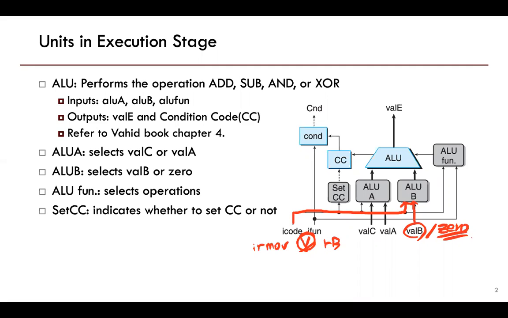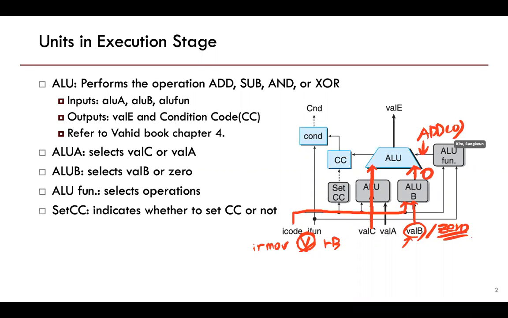So how do we do that? Let's say we take value C and put it to the first data input, and for the second, for the irmovl instruction, instead of selecting value B, we just put a 0 value. Then which operation do we do? The add operation.